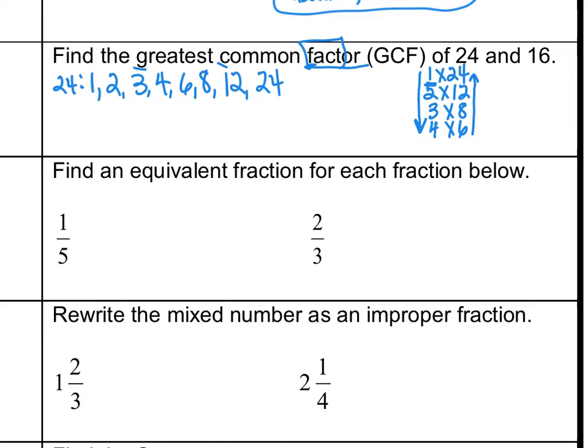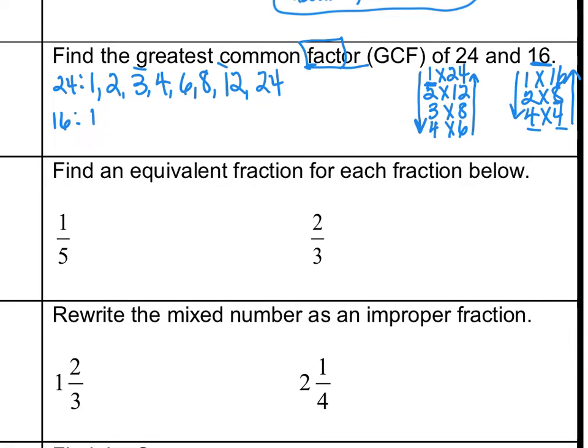Now we're going to do the same thing for the 16. 1 times 16 is 16. 2 times 8 is 16. We don't have a 3 times anything that would equal 16, but 4 times 4 equals 16. And we don't have a 5 times anything, or a 6 times anything, or a 7 times anything. So now we've made it back up to the 8. So now we're going to list these going down and then coming back up this side. We do not have to list the 4 twice though, okay?